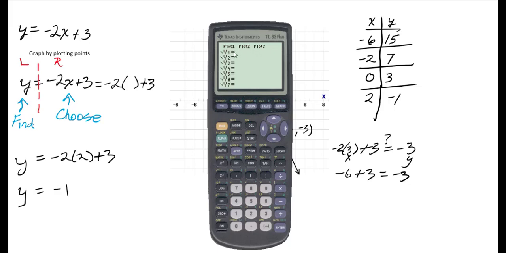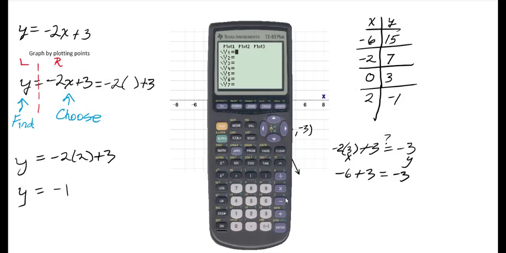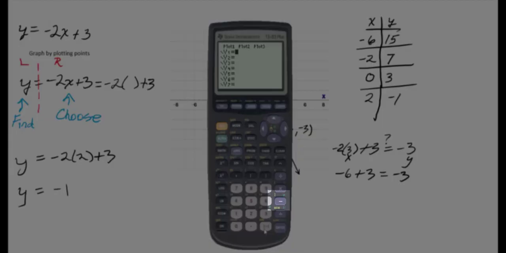So we're going to enter negative 2x plus 3 equals y. So notice the calculator already has a y. So I'll start with negative 2x. Notice there's 2 buttons for what look like both minus or subtraction. There's this one on the right hand side of the calculator. So these are different buttons. This is your subtraction operation and this is your negative identifier.